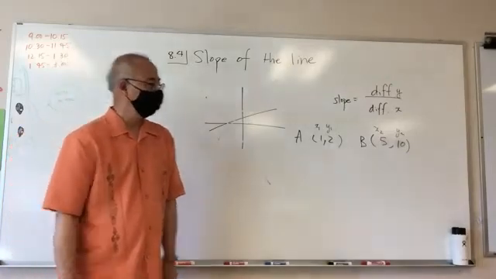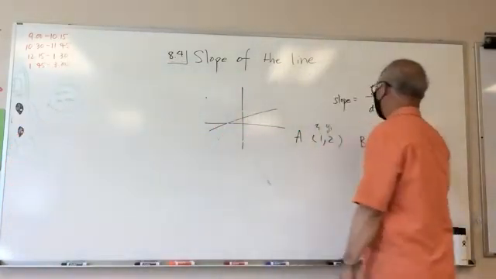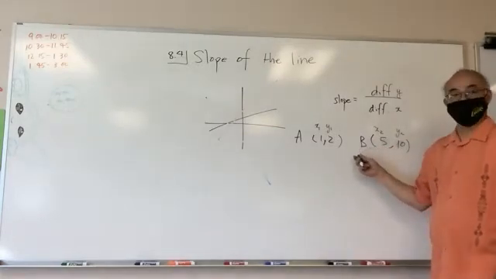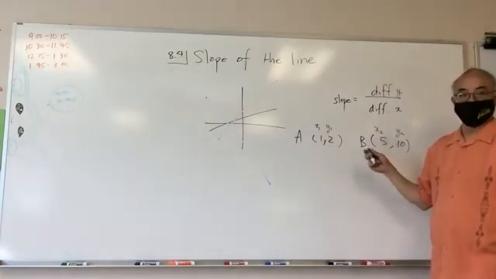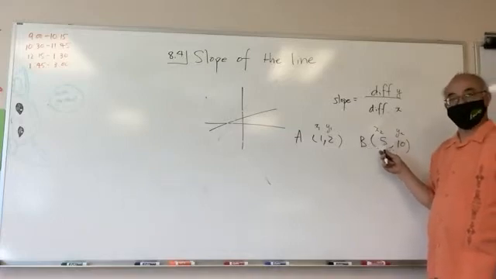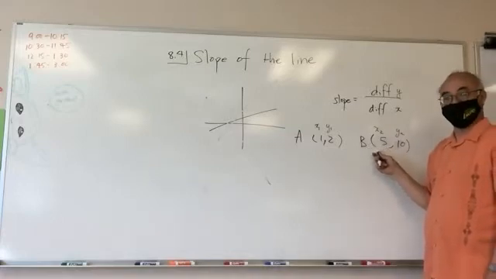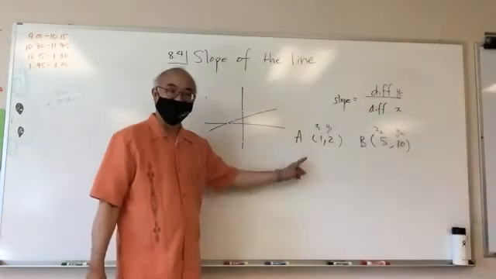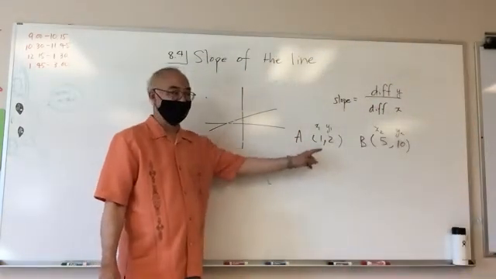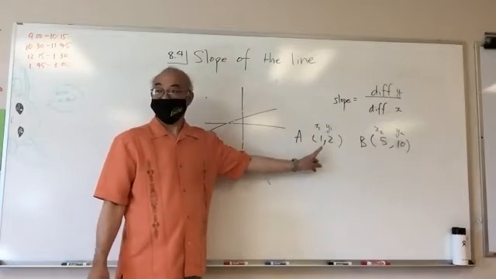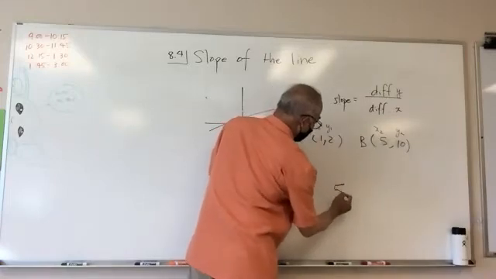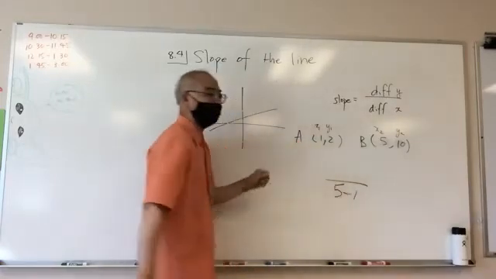So the difference in x is going to be what? What is the x for B? Wouldn't it be 5? That would be the x part of point B. What is the x part of point A? It'd be 1, right? So the difference in x's is 5 minus 1.